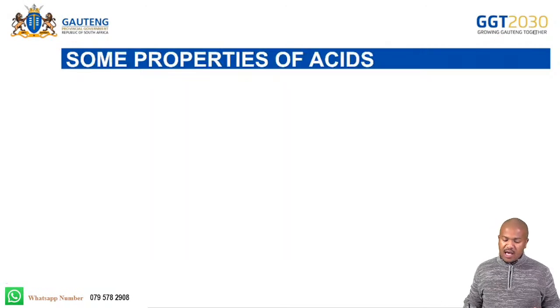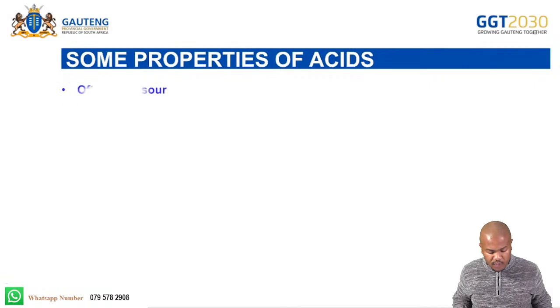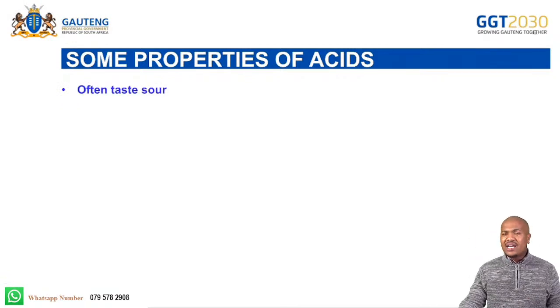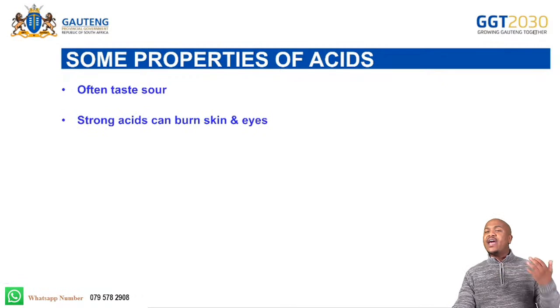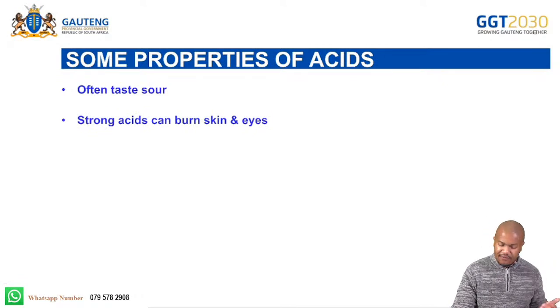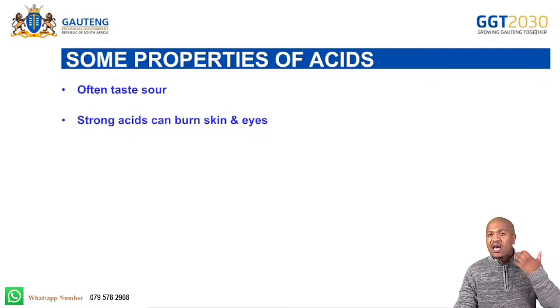Are we together? Now let's remind each other of some of the properties of acids before we continue. Acids often taste sour, they feel rough, and they have a pH value of less than 7. Strong acids have the ability to burn our skin and eyes.